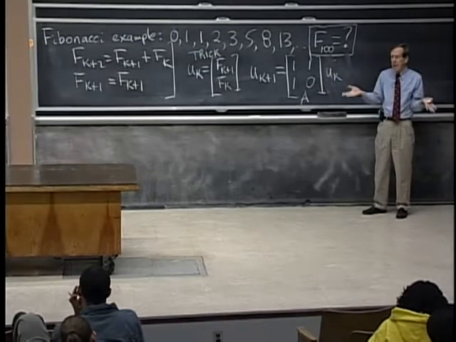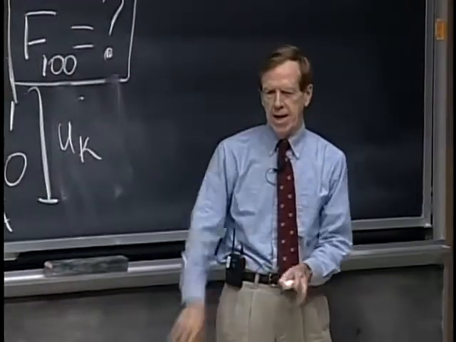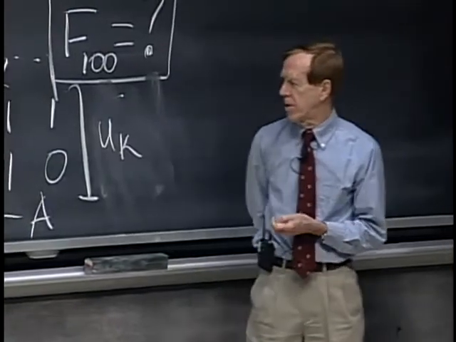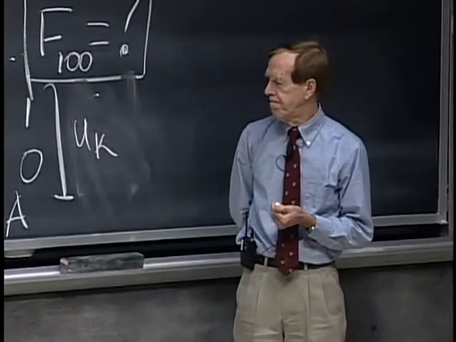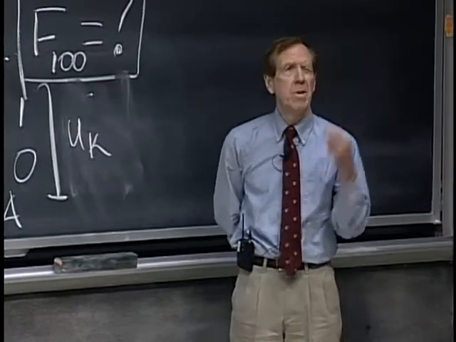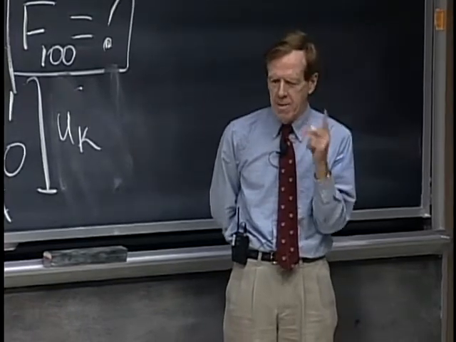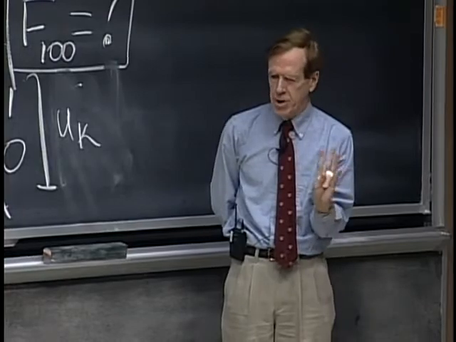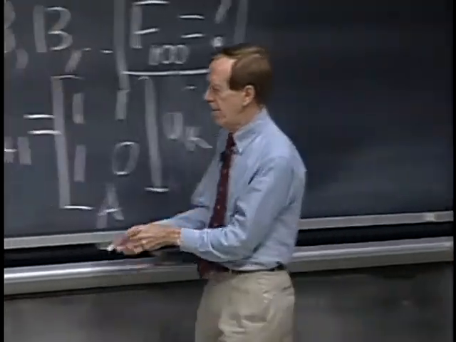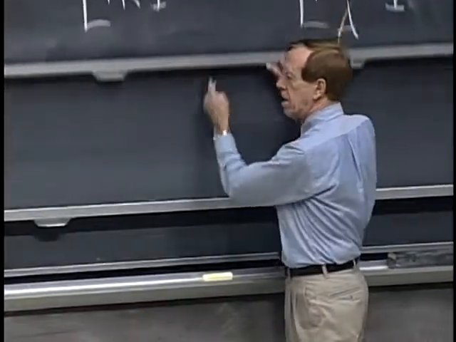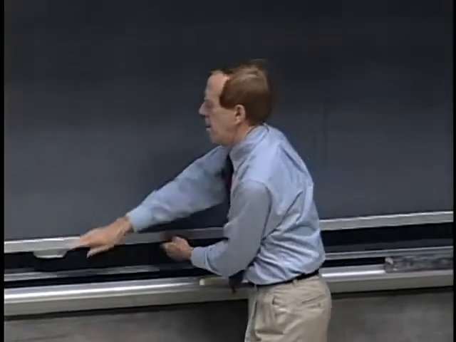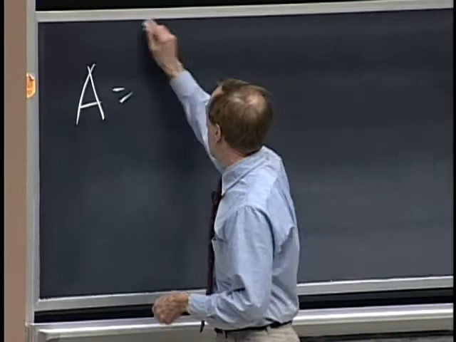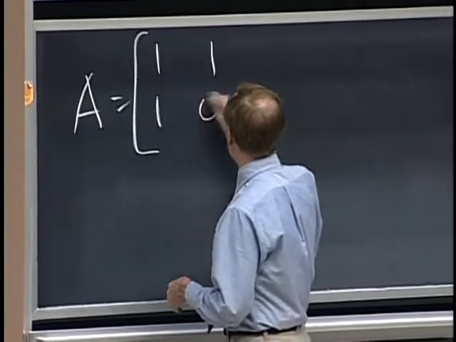Well, before I even think, I find its eigenvalues and eigenvectors. So what are the eigenvalues and eigenvectors of that matrix? Let's see, first let me just think for a minute. It's 2 by 2, so this shouldn't be impossible to do. Okay, so my matrix again is 1, 1, 1, 0.